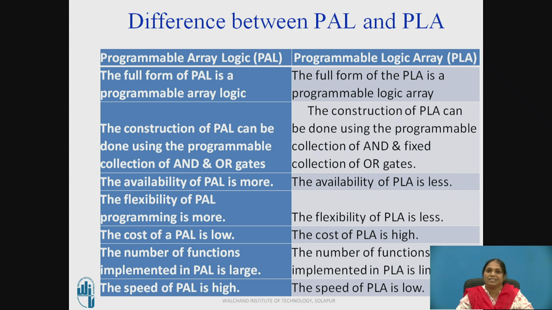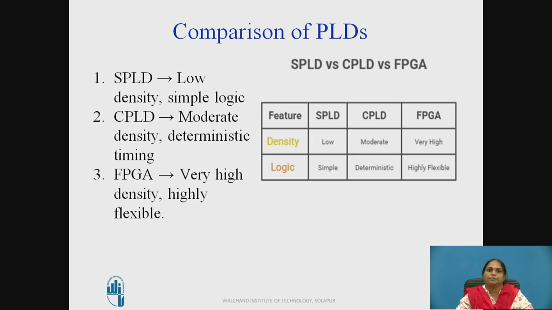As we have seen already, if terms are repeated, we do not use those terms again and again; instead we take only one term, so that reduces the number of gates. The speed of PAL is high. The speed of PLA is low compared to PAL.